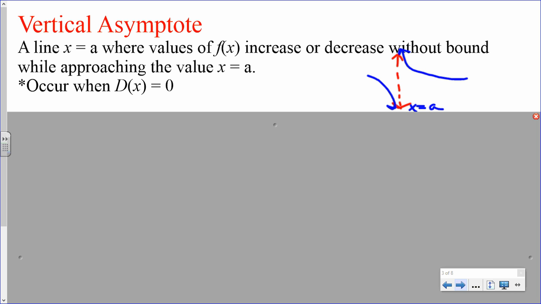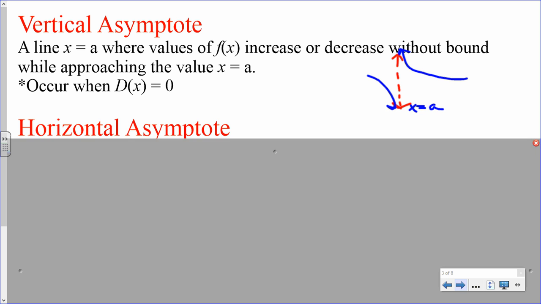Will we ever cross the vertical asymptote? No. That is where our function is undefined, which is why it's represented by a vertical line. Okay? Where your denominator is 0, that is where we have our vertical asymptotes.